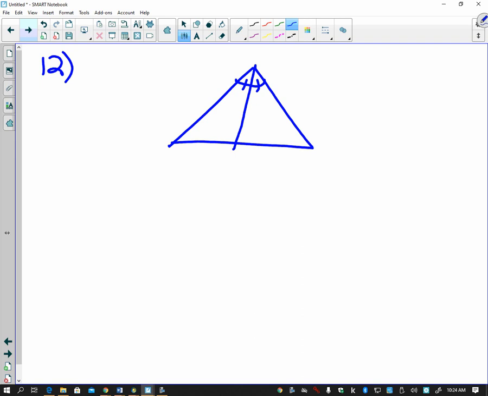We got K, we got 7, we got 9, and 5. So we just need to find K. Well, if I've got an angle bisector, it's going to split this in such a way that the segments are proportional. So K over 9 is equal to 7 over 5.